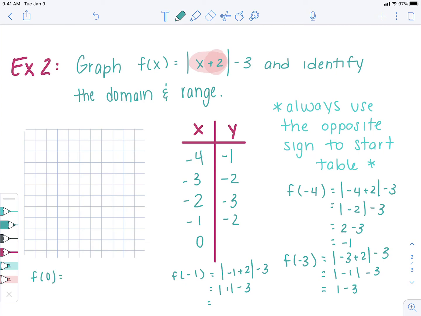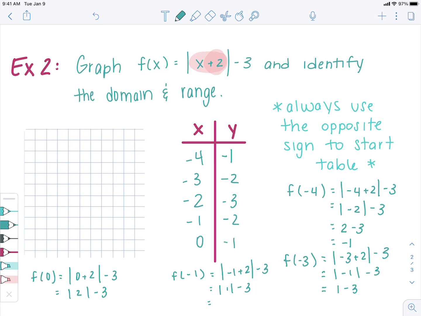F of 0 equals the absolute value of 0 plus 2, minus 3. 0 plus 2 is 2. 2 minus 3 is -1. Yay, we got what we wanted.